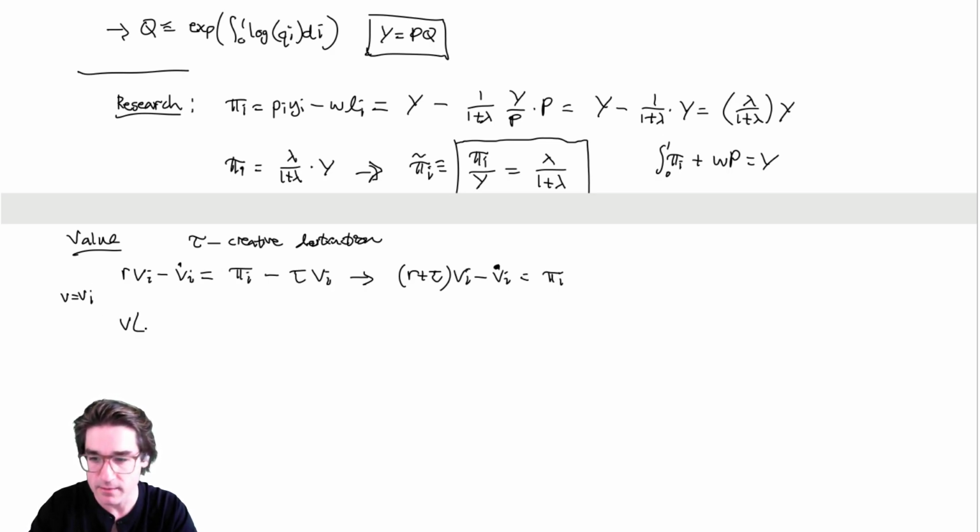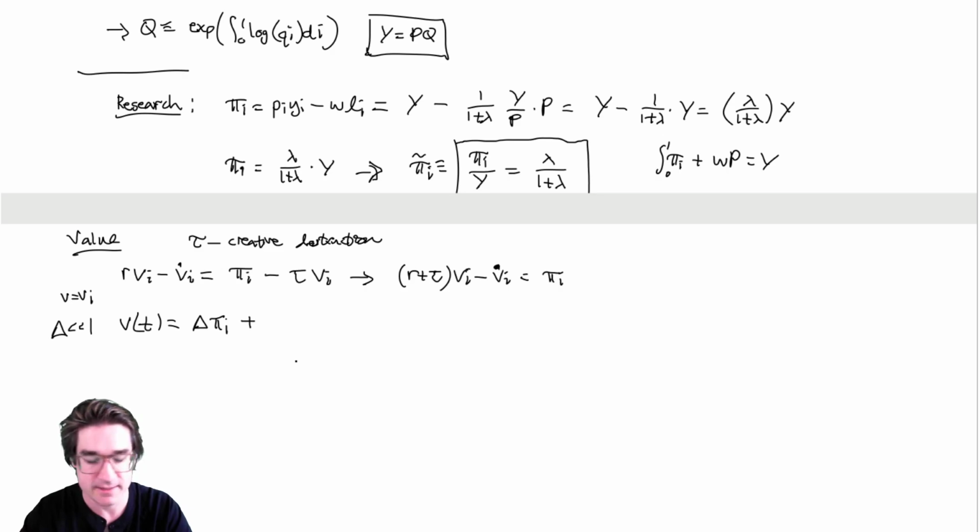So V of t is going to be equal to delta times pi_i. The delta here is our small time step. It's a small number, much less than 1, like an epsilon time step. So for that first delta, you're going to get some amount of profits.